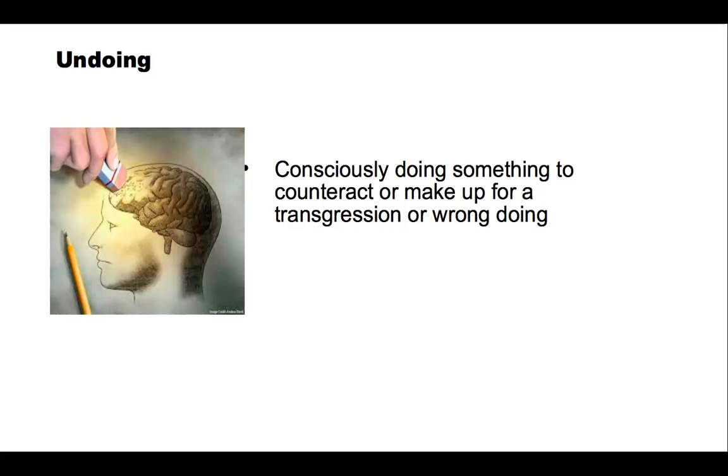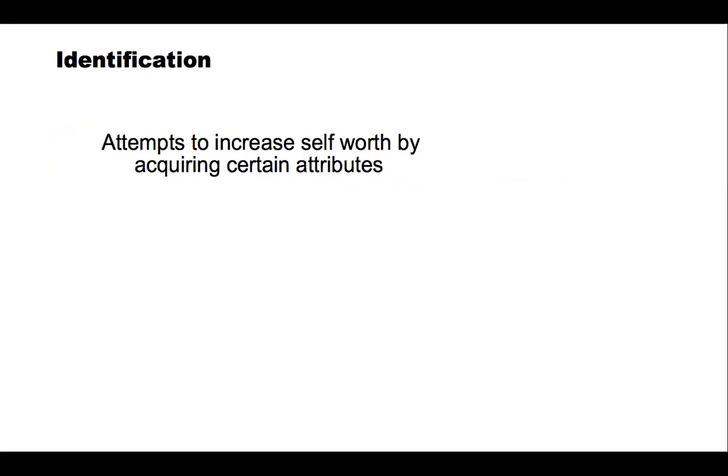Now, let us see what is identification. Through this process, an individual attempts to increase self-worth by acquiring certain attributes and characteristics of another individual one admires. So it plays a very large part in the development of personality, and in this, the individual feels personal satisfaction in the success and achievement of another group or a person.